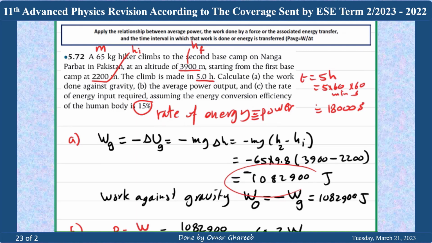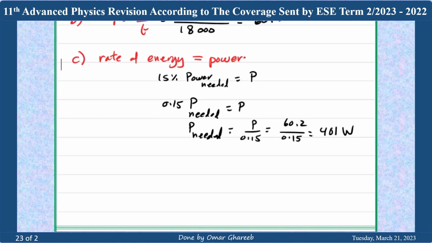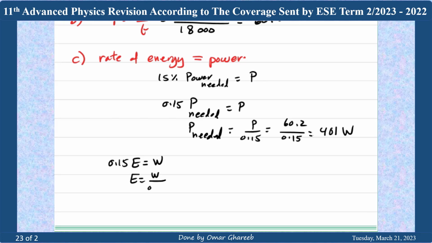But if you want to go with the solution in the manual, they solve it like this: 0.15 E equals the work done. So E equals work done over 0.15.